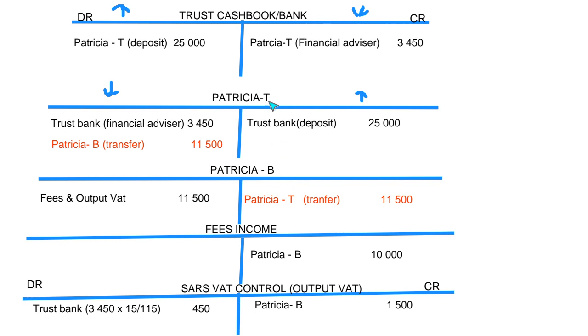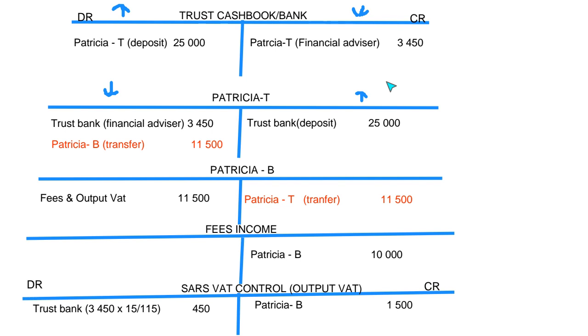You cannot find a transfer from T to T. That would be a trust journal. So for the transfer, it must be from the business to the trust. The same procedure must be done under the trust cash book and the business cash book.